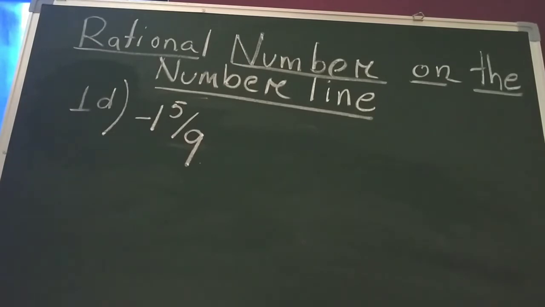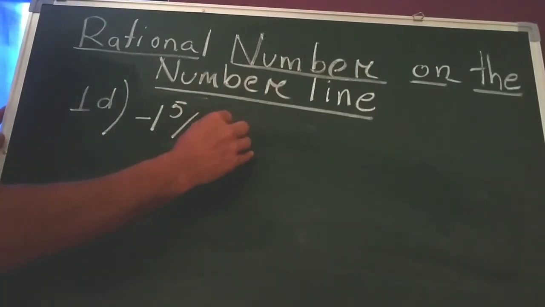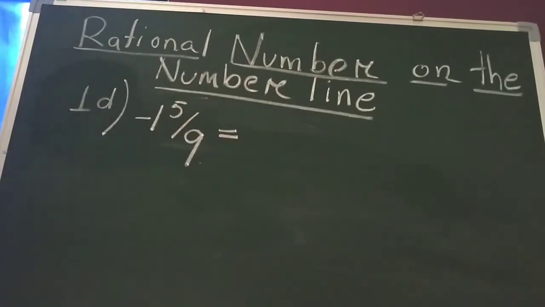So student, if the numbers are given in such a way, either we convert the mixed fraction into an improper fraction, or you can directly represent it a different way. I will do both ways.